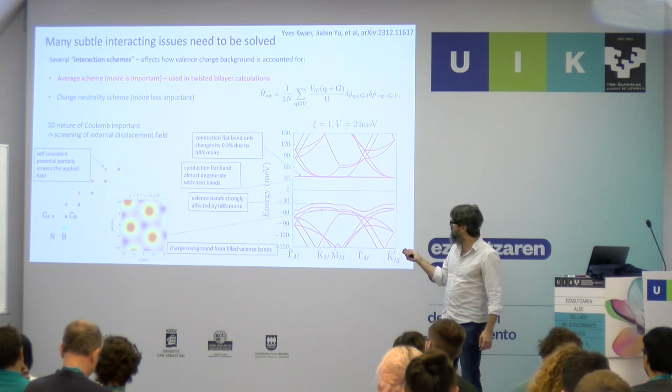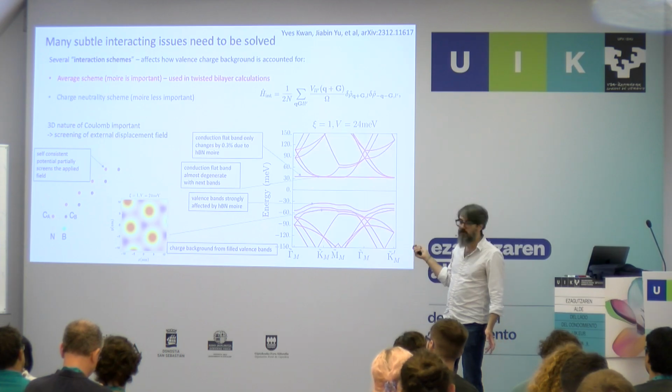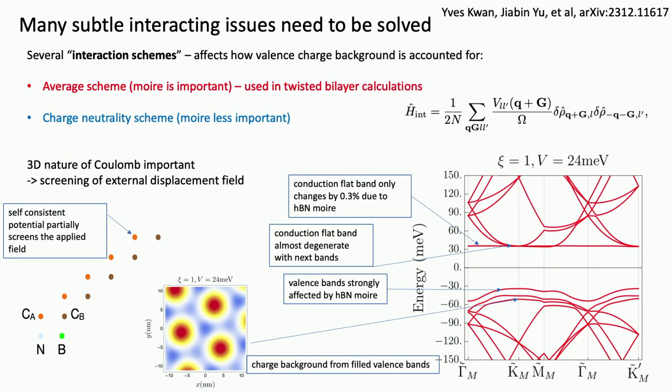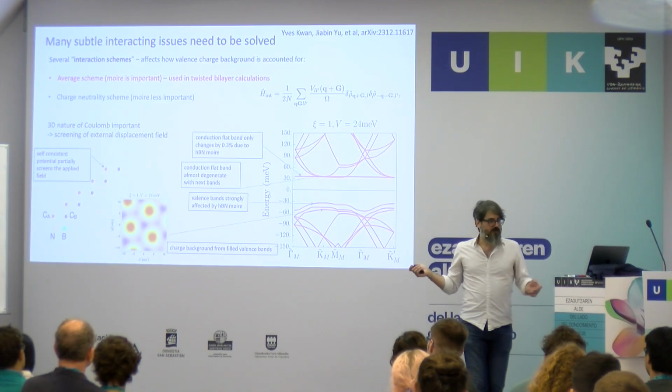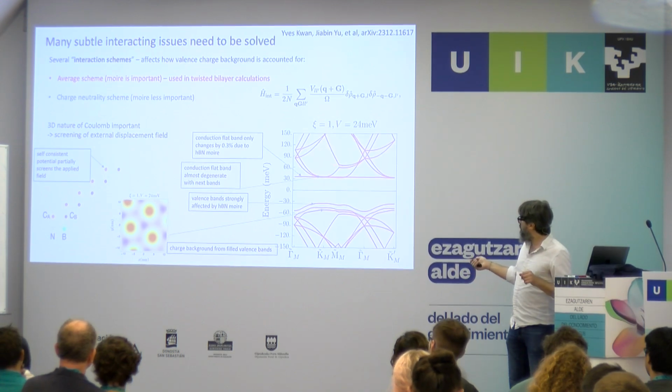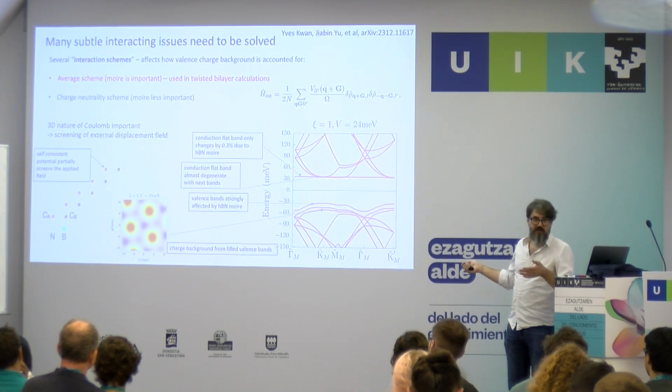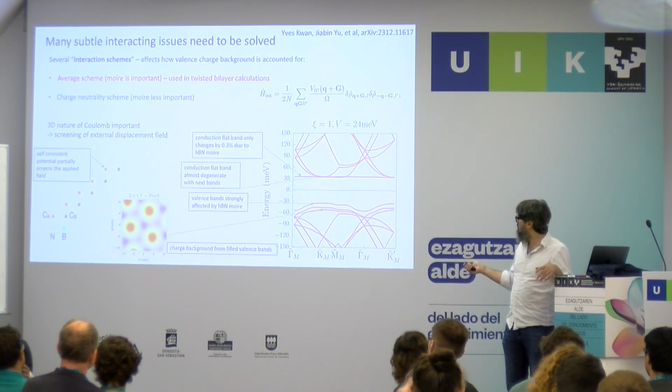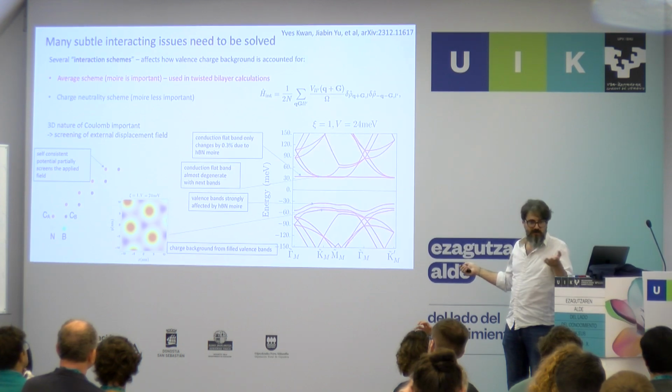Now you can't project it just to this flat band. There's no way to do this because this flat band has gapless bands close to it. This is the folded band of this. Okay? So you can't just project to this flat band. So what you have to do is project the interaction, I don't know, 30 milli-electron volts, maybe even 30, right? Roughly.